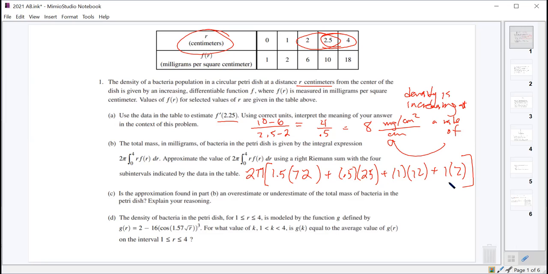Didn't you guys all do this yesterday? Oh, you missed that R in there. Anybody get an answer? I got 845.884.